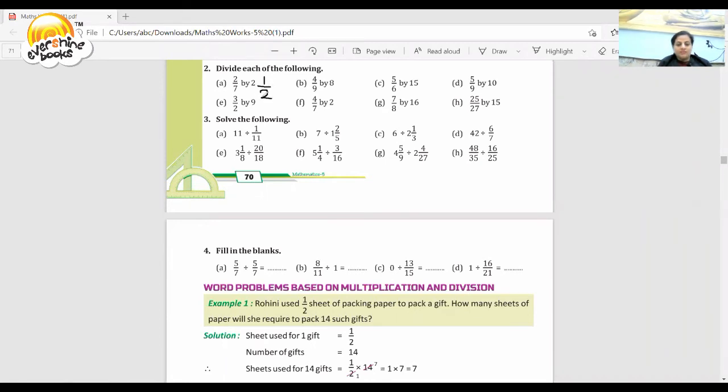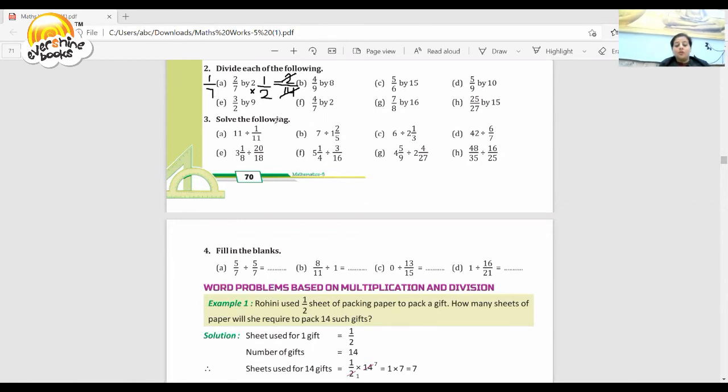The divide sign is going to be converted into a multiply sign. So the answer will be 2 upon 14. When we divide again, we will get 1 upon 7. With two methods we can do it, the answer will come 1 upon 7. This will be the answer.